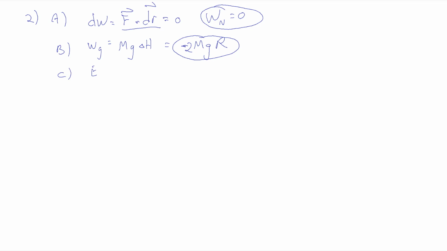So we're going to use the concept that the final energy equals the initial energy, where you define where final and initial are for your system, plus any work done by non-conservative or external forces, but that's 0.